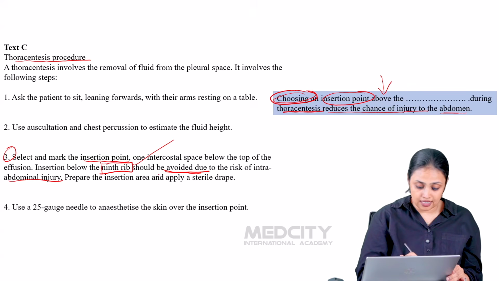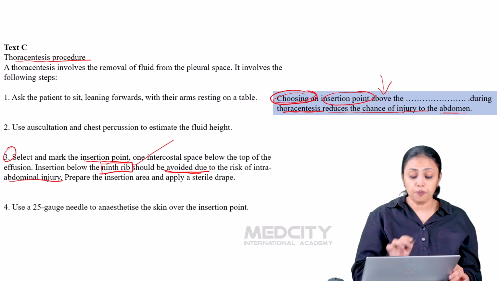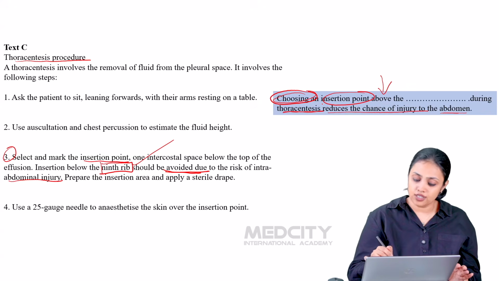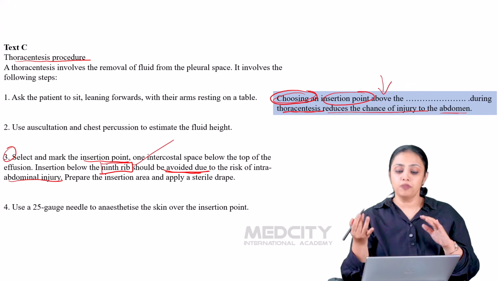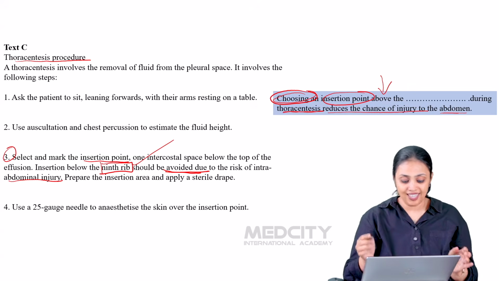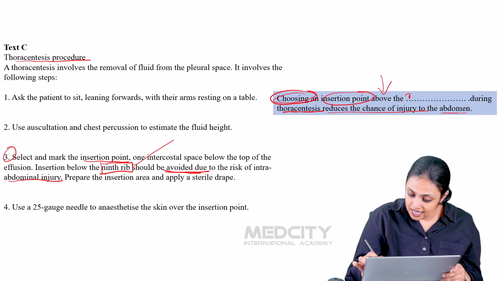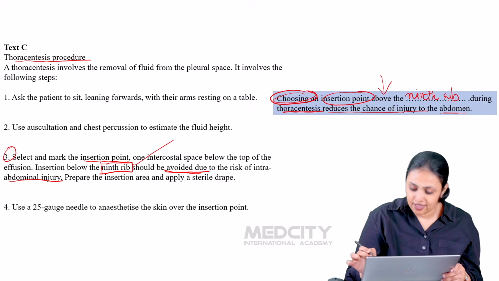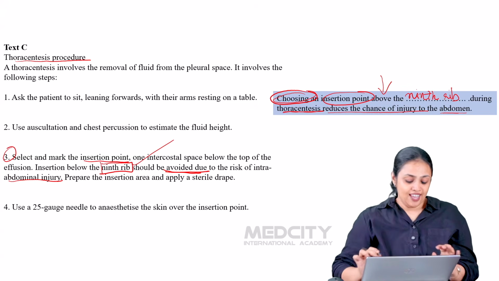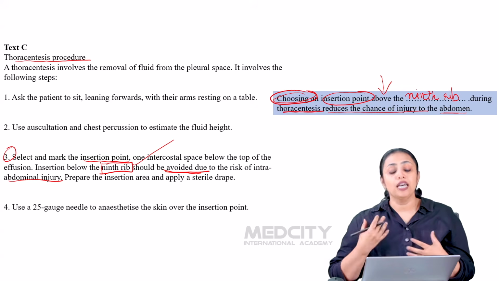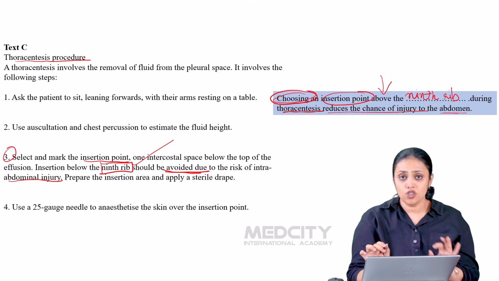Here in the text it says that insertion below the ninth rib should be avoided. And here they say that insertion above something should be chosen, which means that the answer again here would be ninth rib. Isn't that quite tricky? So this is how you have to analyze. Don't just focus on words.